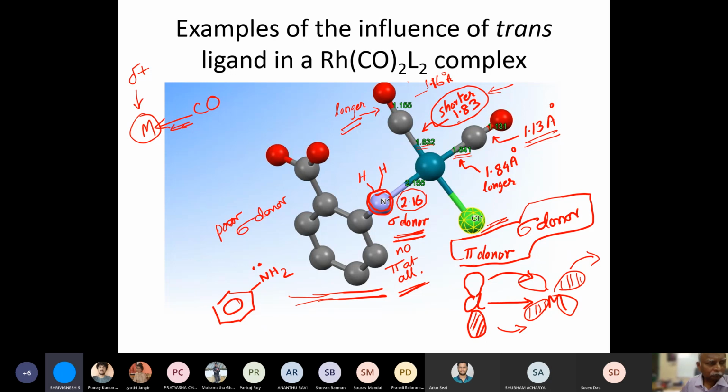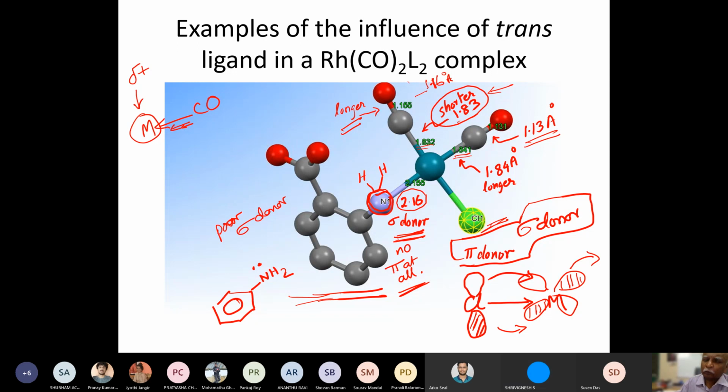How does the strength of the sigma donation of the trans ligand affect the sigma bond of the ligand of observation? If I have a methyl ligand trans to the CO group, how would that affect the sigma bond of the CO? It will increase the electron density on the metal center, so the pi donation of the metal would increase. But how will the sigma bond of the CO change?